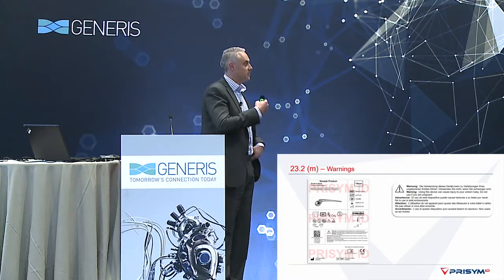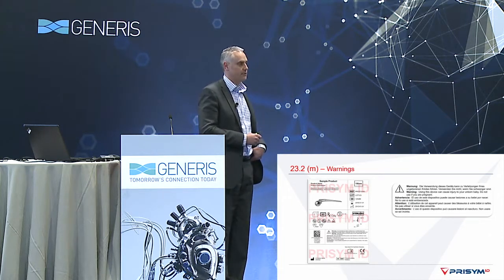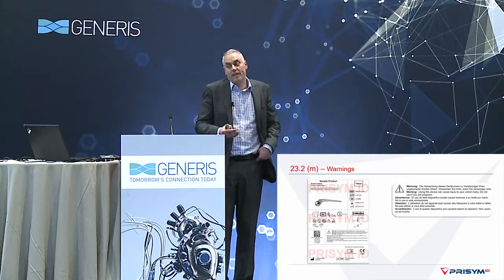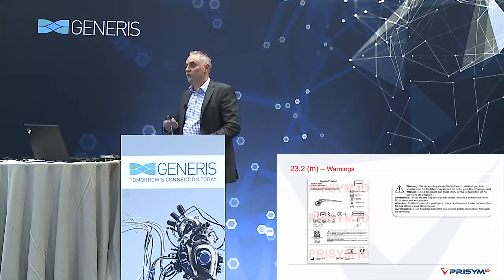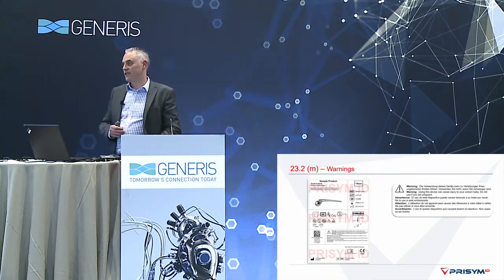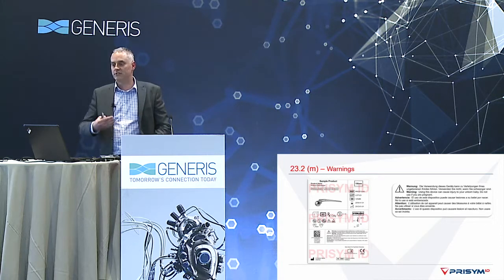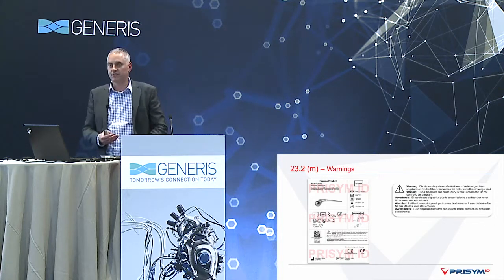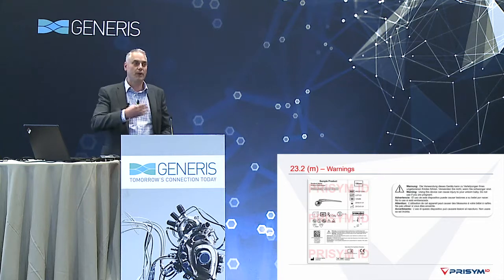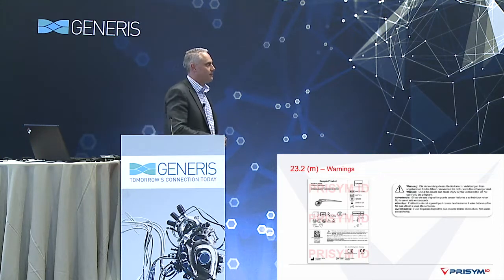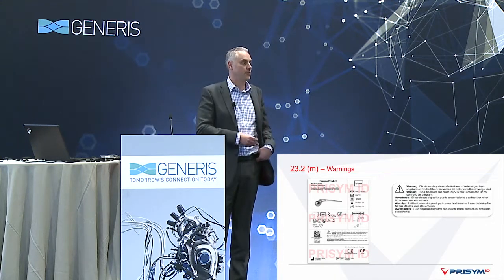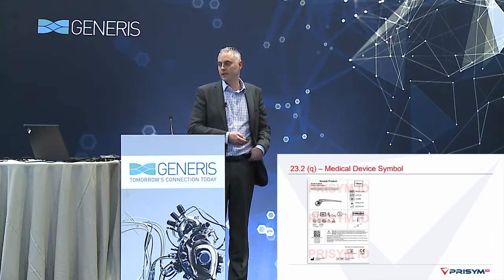But what we're seeing is there's got to be a lot more warning statements on the labels. And of course, being in Europe, there's also an overhead of language translations. So you do need to translate, in this case, 5 different languages. We'll come on later to the impact on the overall label, but that's more information that needs to be on your label.